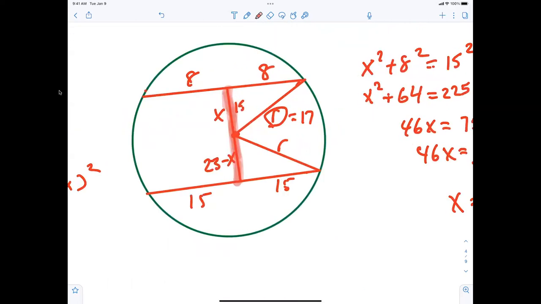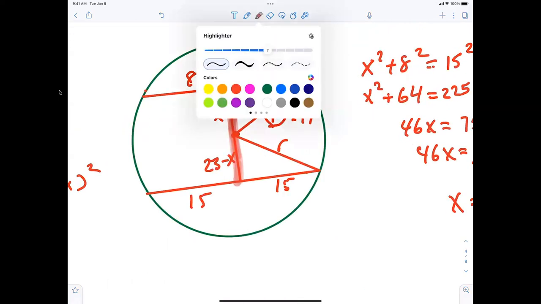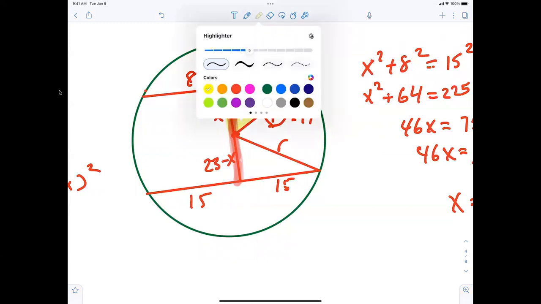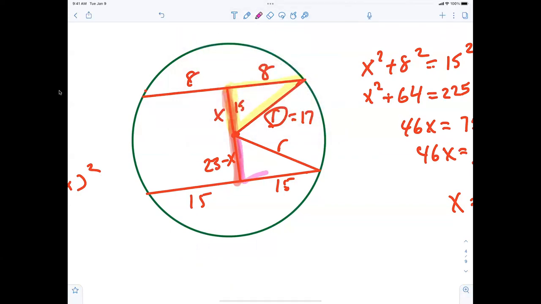Does everybody agree then, once I did that, what I did was this is a squared plus b squared equals c squared, right? And then this was a squared plus b squared equals c squared.